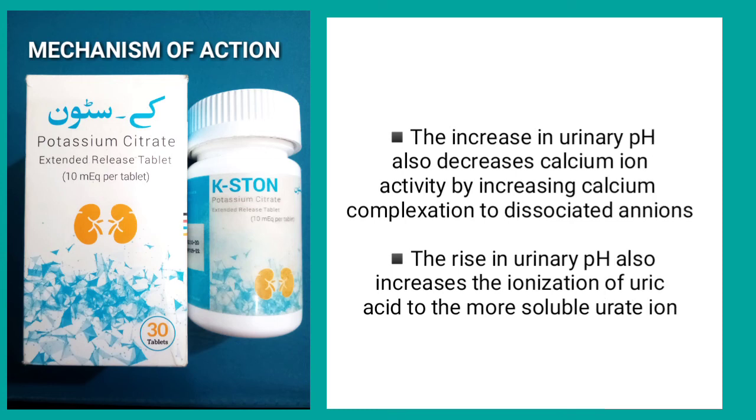The increase in urinary pH also decreases calcium ion activity by increasing the calcium complexation to dissociated ions. The rise in urinary pH also increases the ionization of uric acid to the more soluble urate ion.